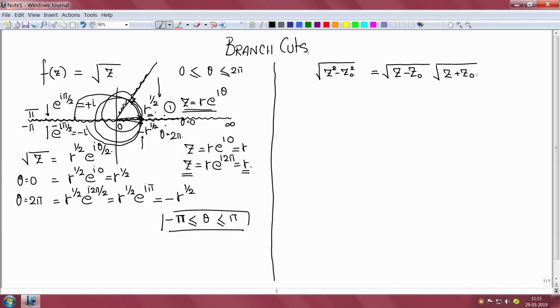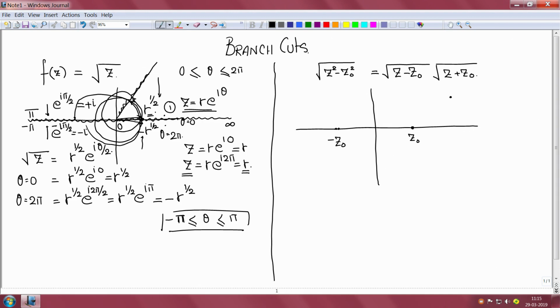For now, let z0 be on the real axis. So that is my axis. Let z0 be here. Let minus z0 be here.